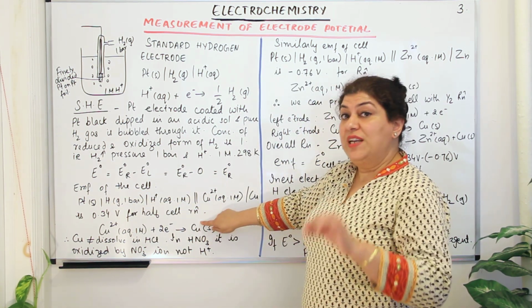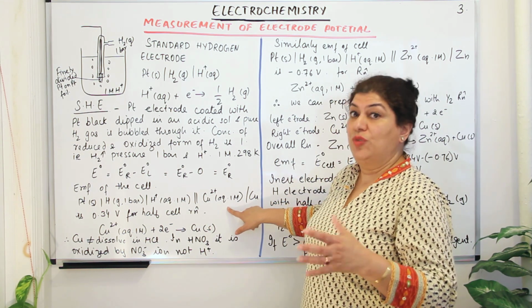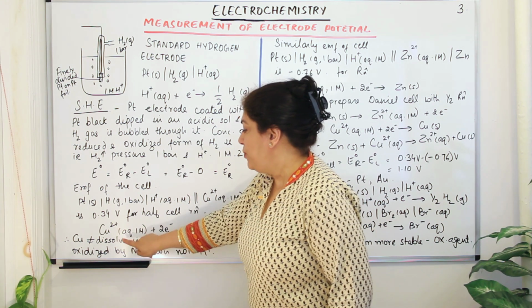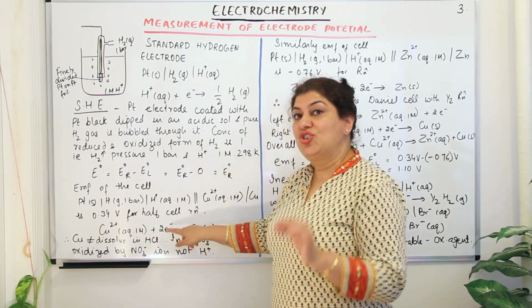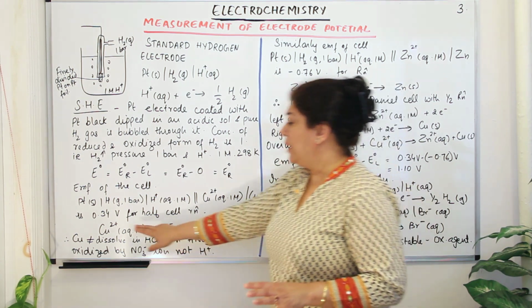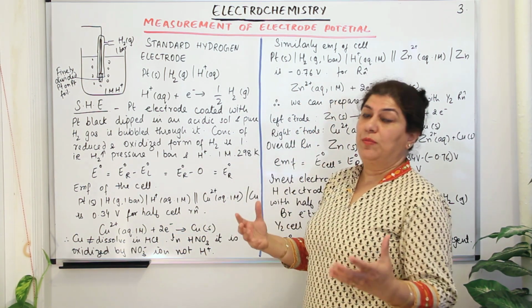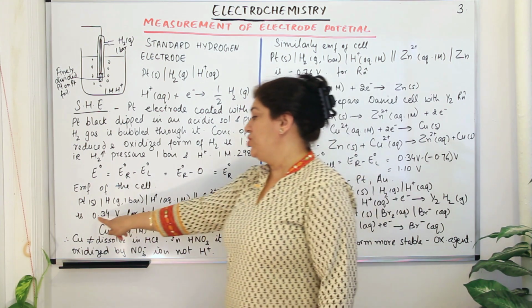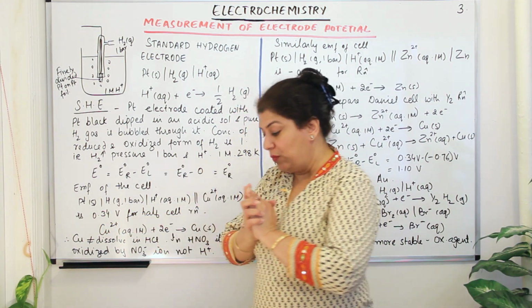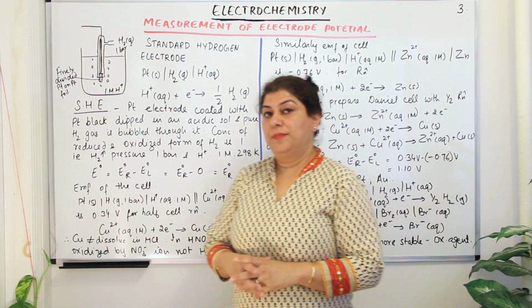So for this half cell, what is the reaction that is occurring? Reduction is occurring. Therefore, Cu2+ aqueous 1 molar plus 2 electrons gives copper solid. So reduction of copper ions is occurring in 1 molar solution and its electrode potential has been calculated to be positive 0.34 volts. What does this indicate?